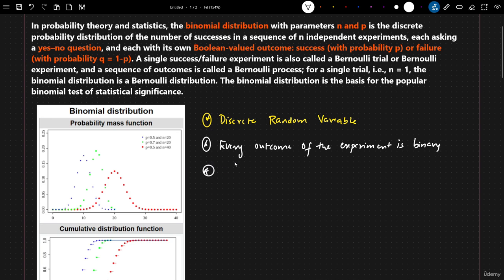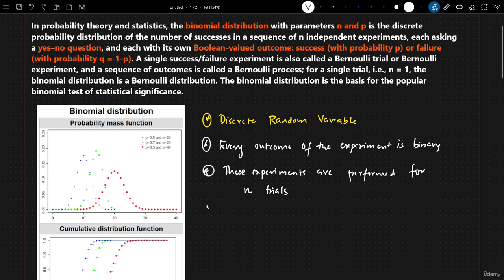Next important point: these experiments are performed for n trials. As I said, n trials. Here we basically work on a sequence of n independent experiments. That is the reason we are saying that these experiments are performed for n trials.